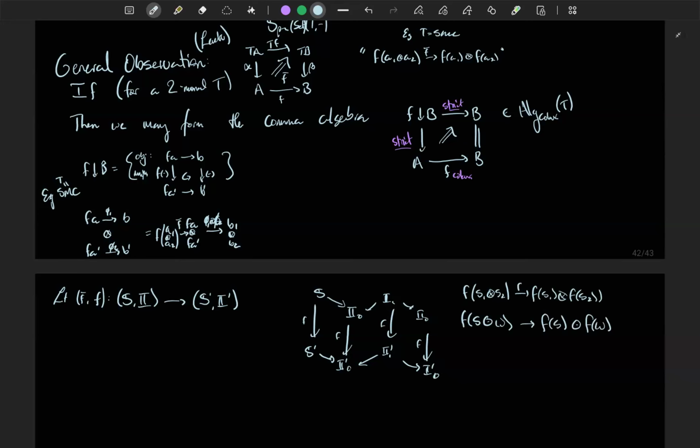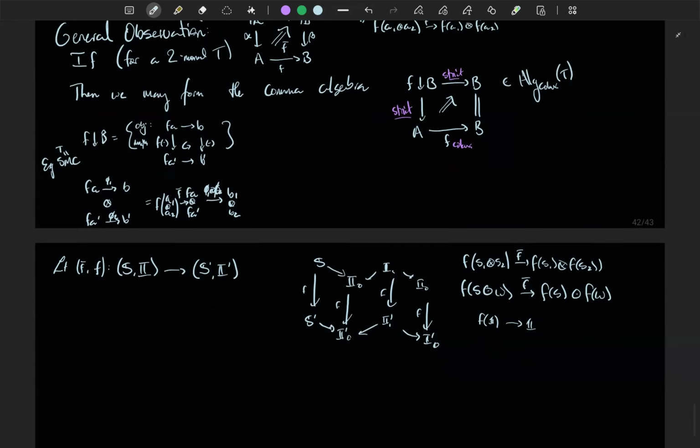These are all versions of f bar, and they have to satisfy, quote unquote, the evident equations. Oh, and you also have the monoidal unit: f of the monoidal unit goes to the monoidal unit, and other things like that, including on the W side.